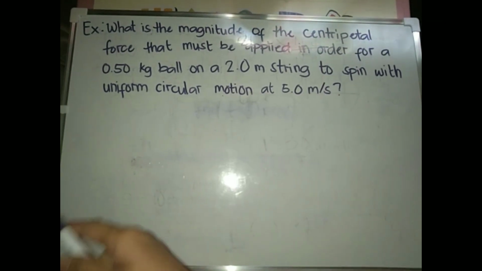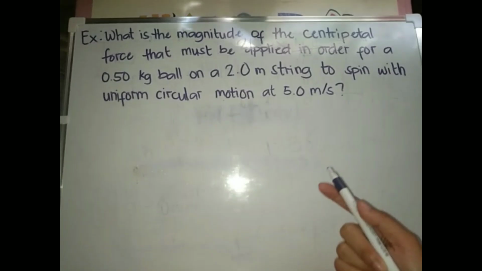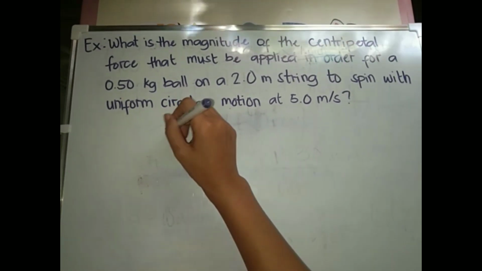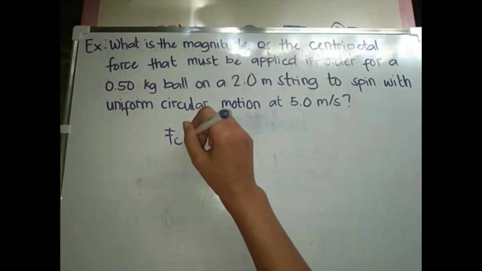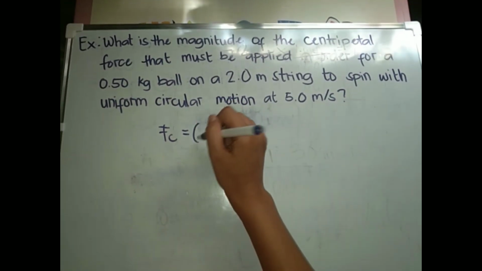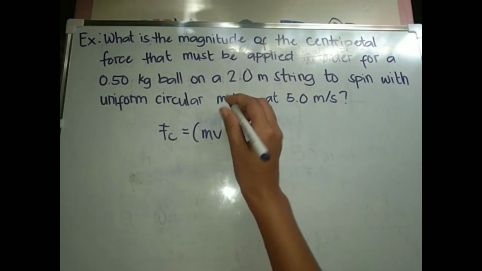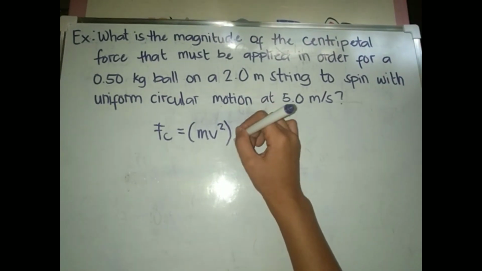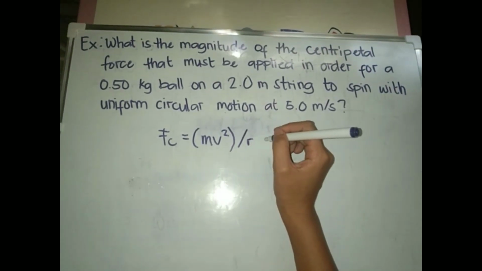So hello everyone, this is the question, and let's answer this. First, Fc equals mv squared over r.